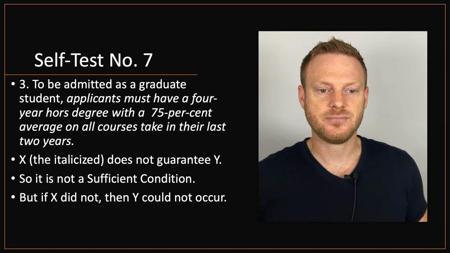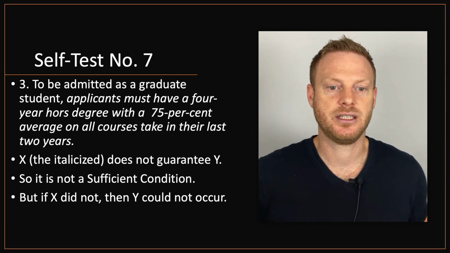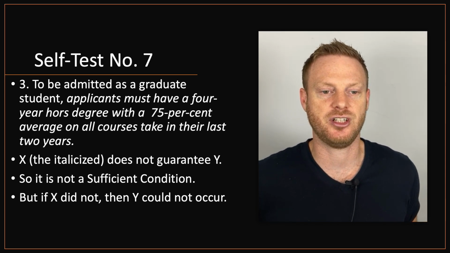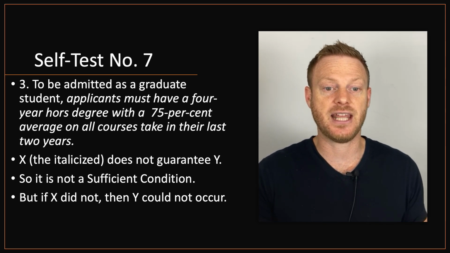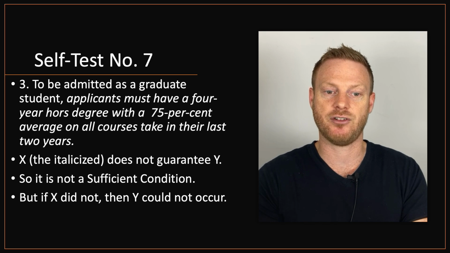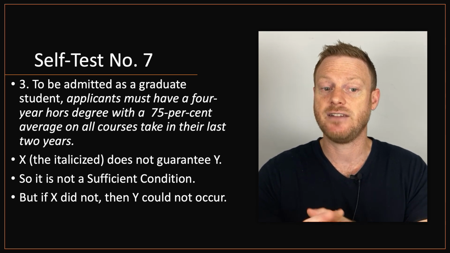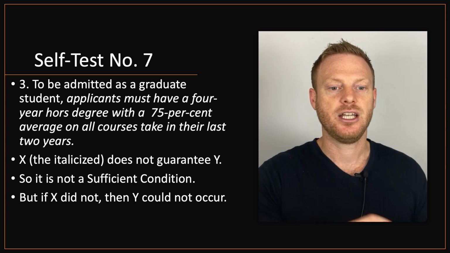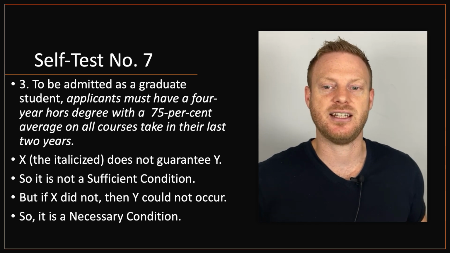But if X was false, if the applicant did not have the 4-year honors degree and a 75% average on all courses taken in the last 2 years, if those didn't happen, then Y could not occur, right? So what we're stipulating here is a necessary condition.